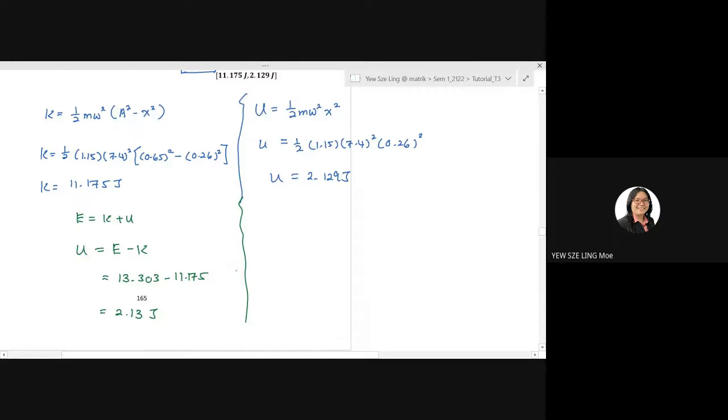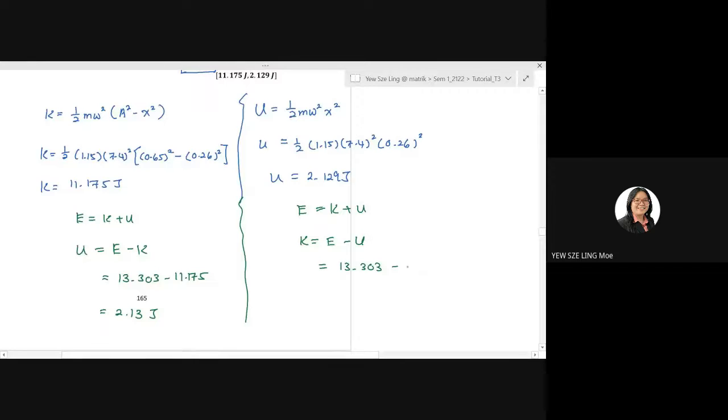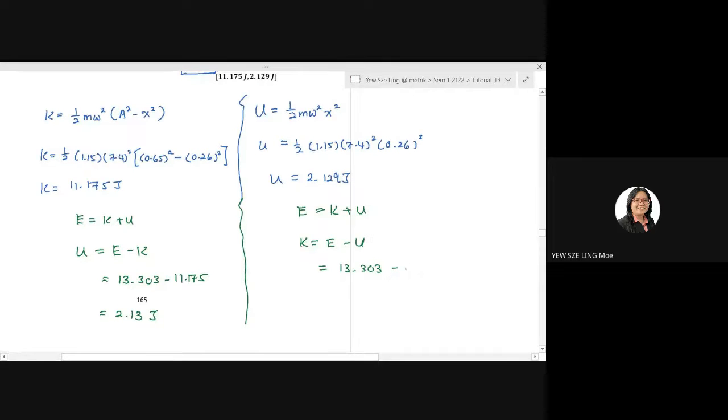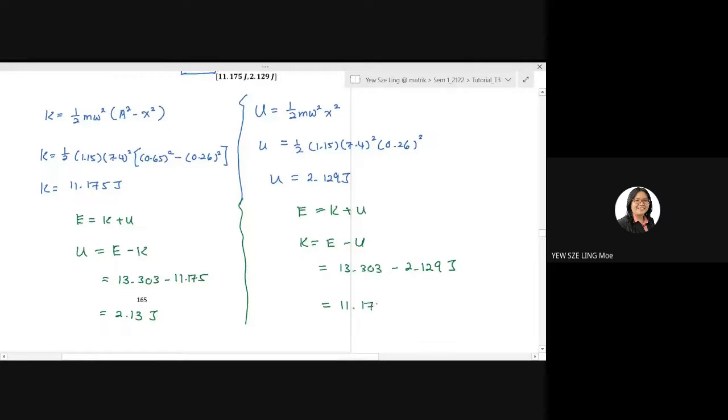So nothing wrong, you can use this method to solve it. Or if you calculate U first, then you can still use the same equation, E equals K plus U, K equals E minus U, which equals 13.303 minus 2.129 joule, which is then 11.174 joule.